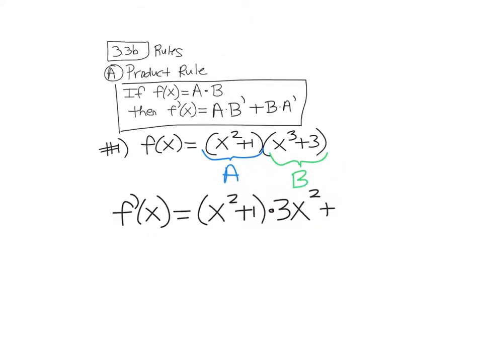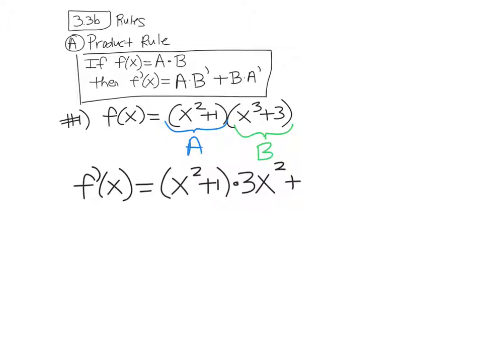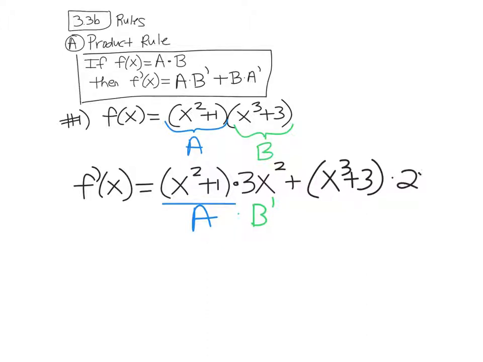Plus b, which is x cubed plus 3, times a prime, which is 2x. Perfect. So that's b, and that's a prime. There's a plus in the middle.